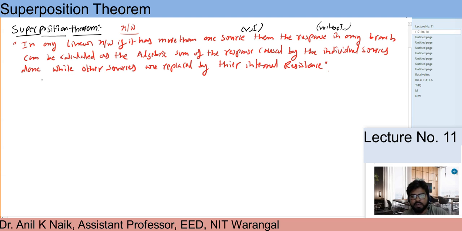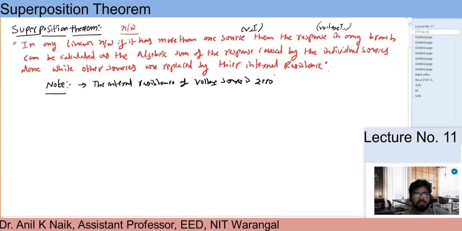You have to take one note here. The internal resistance of a voltage source is 0. So this is what you need to remember.